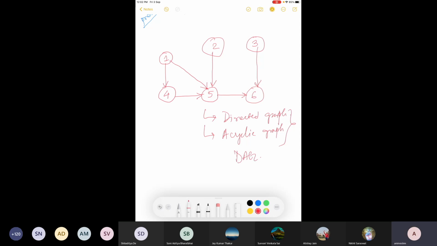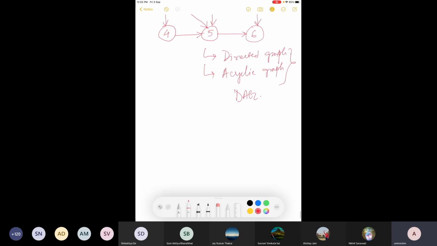And we had discussed this special type of graph earlier. Now, any DAG can be topologically sorted. So this is another application of DFS.